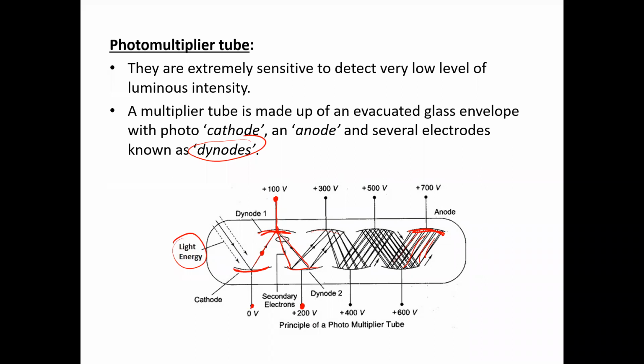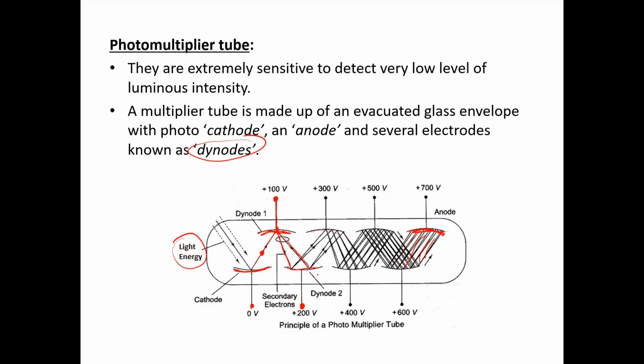Those newly produced electrons also start traveling towards the subsequent electrode. In this continuous process, each electron hitting the subsequent electrode, due to the potential difference between the electrodes, increases the number of electrons generated.